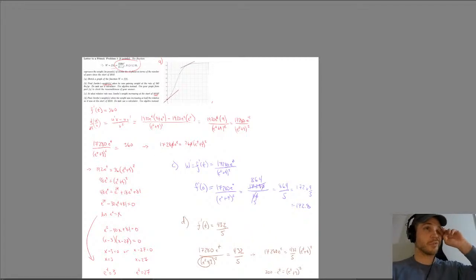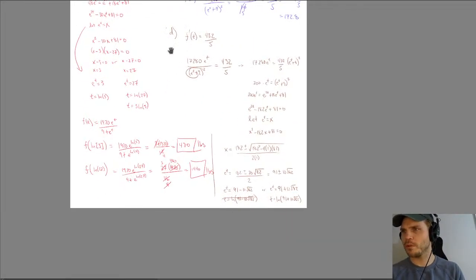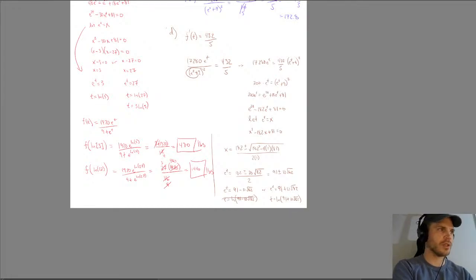I'm going to go put this on Desmos. Bear with me. So we want to have y minus f of log of 91 plus 10 root 82.